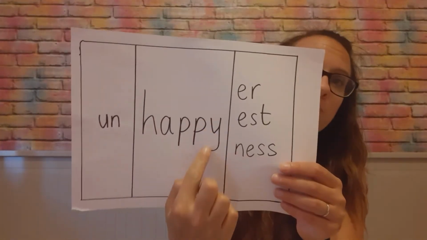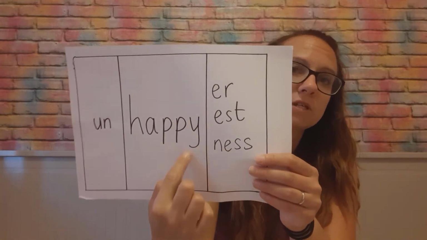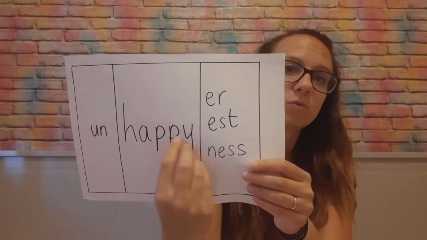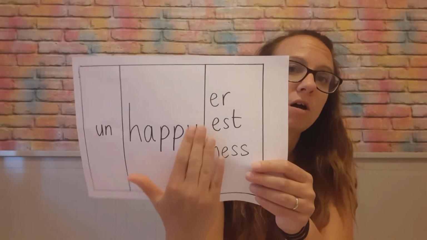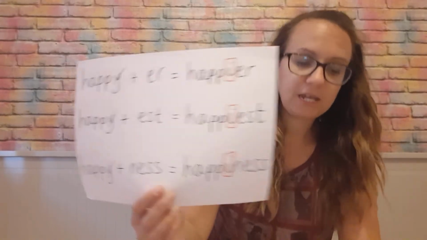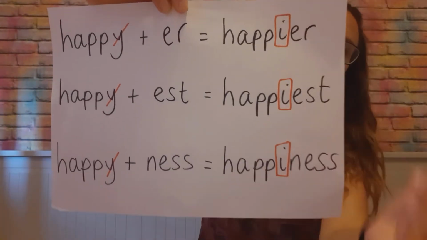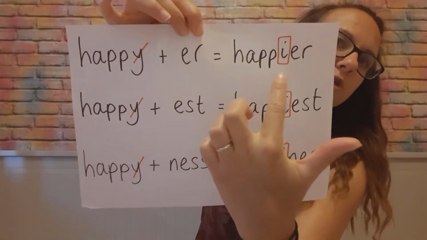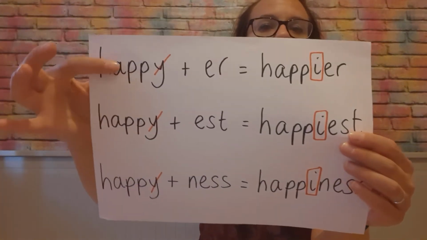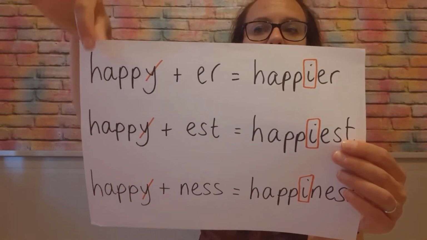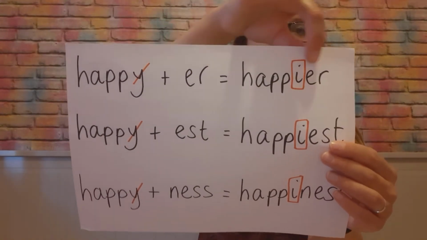Now, the special rule that we need to learn today is again to do with this Y. So we were learning in the plurals this week that we have to lose that Y because when we add a suffix, we can't have suffixes added onto words that end in Y. It has to change to an I. Okay, so you can see here that I have made our happy words and I've been changing this Y to an I. So you can see here we've got happy plus the er makes happier.